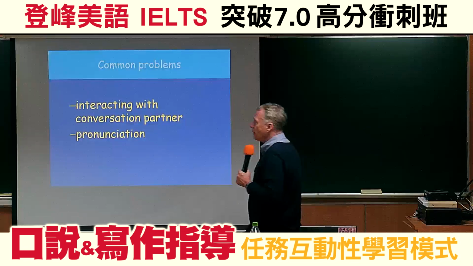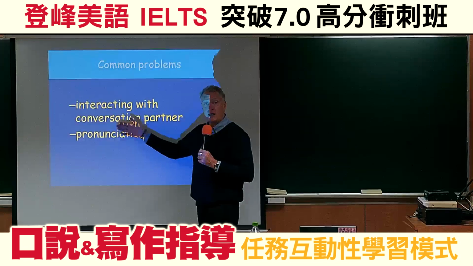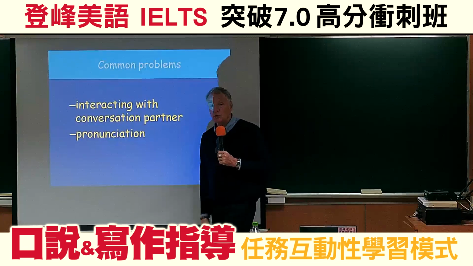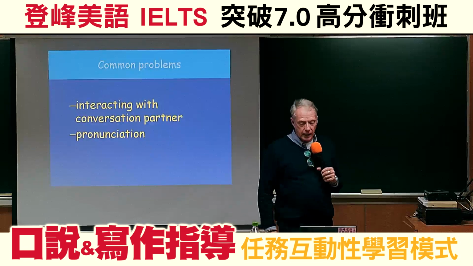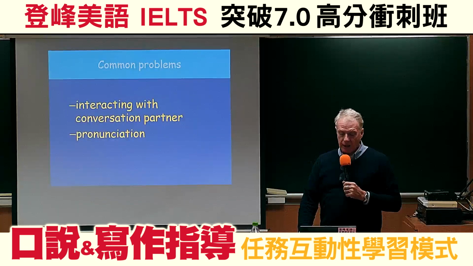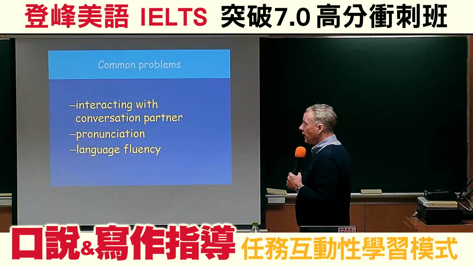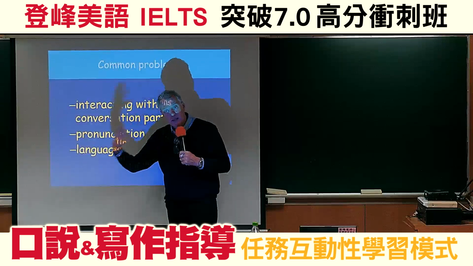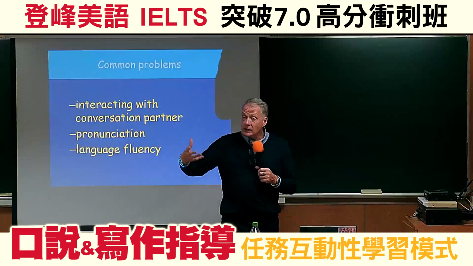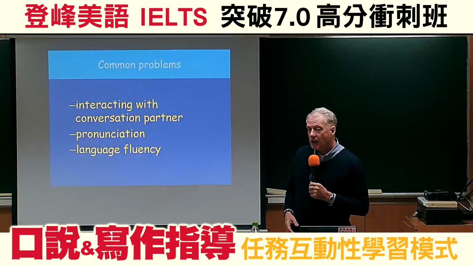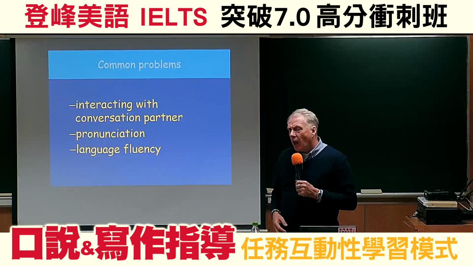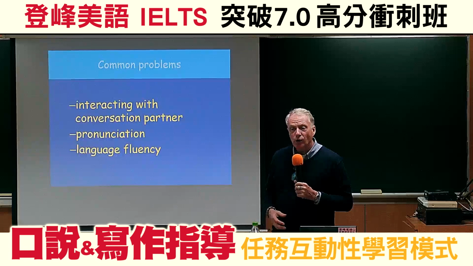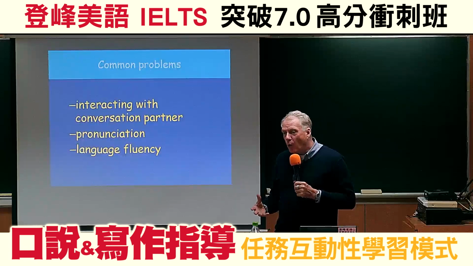Another problem that many people have with speaking is their pronunciation, right? How to use beautiful pronunciation and sound very clear. And the last problem is language fluency. Language fluency means speaking fast, speaking smoothly, so that you don't hesitate or pause, right?